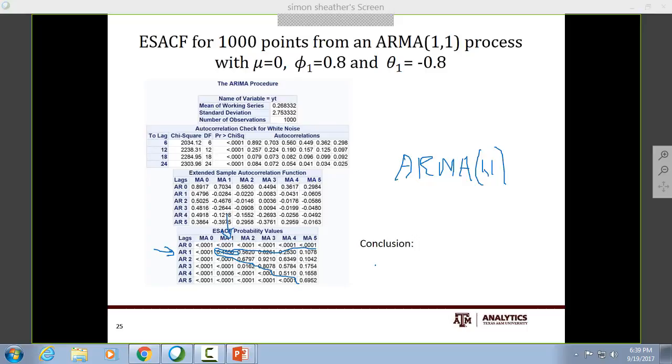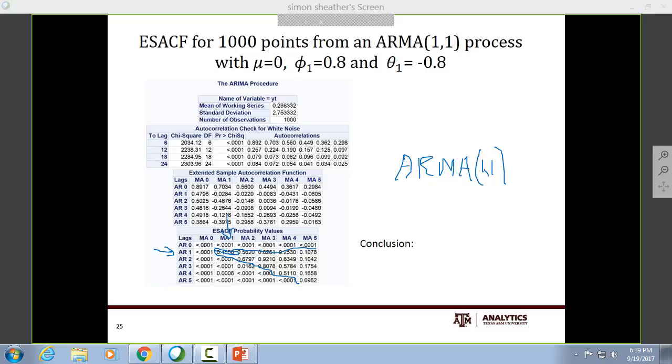I think I understand how you pick the triangle, but I wanted to understand why, for example, you pick an AR1, MA1 instead of just a pure AR process, with MA0. Well, again, here's the deal. All of these other things are highly statistically significant.